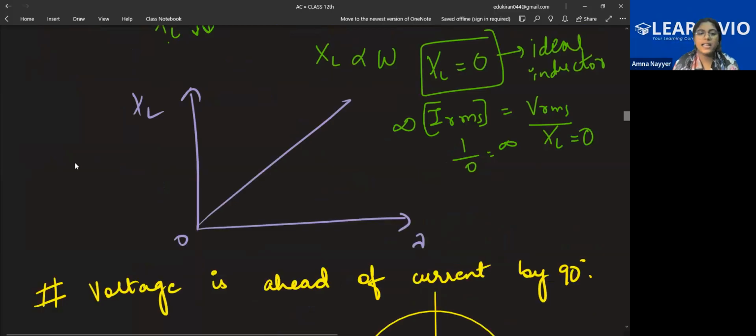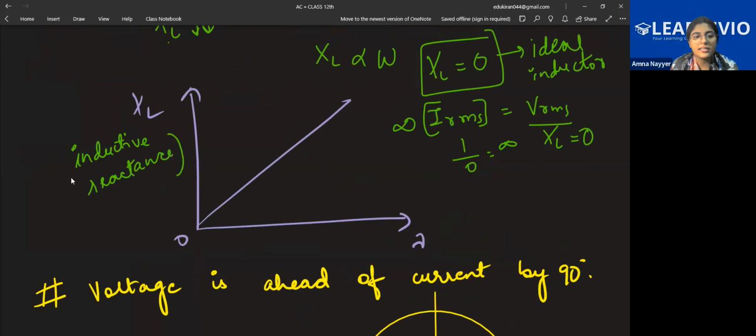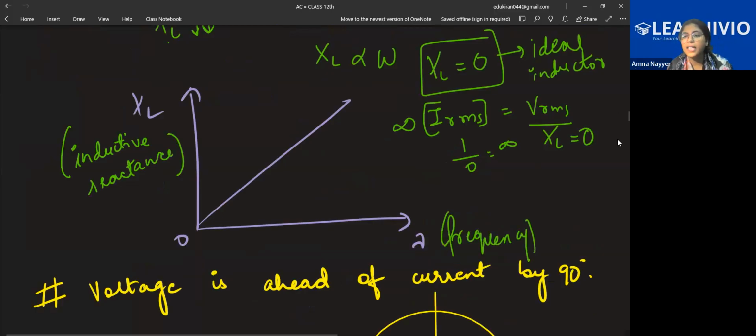What is XL? Inductive reactance. And what is this? This is frequency. Tell me, this part is clear?